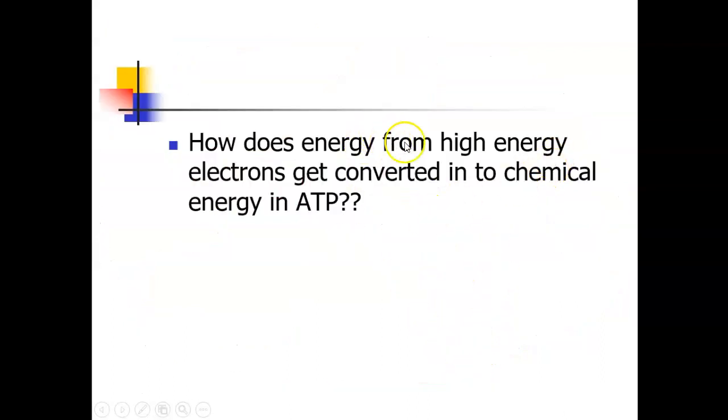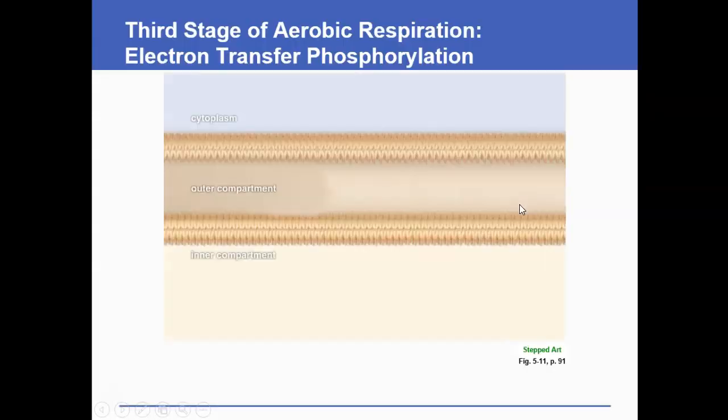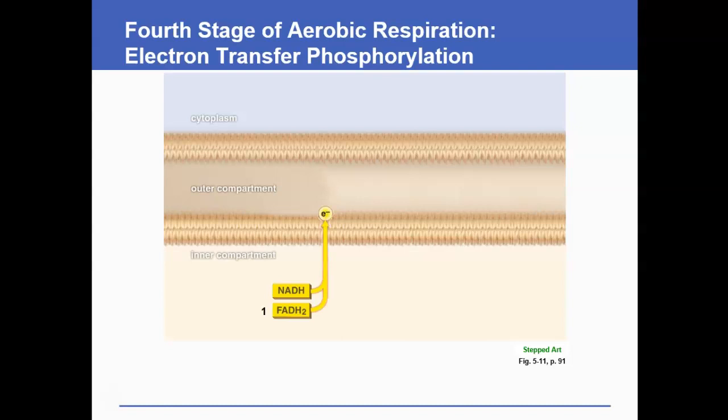So how does the energy from high energy electrons get converted into that chemical energy in ATP? That's the fourth stage of aerobic respiration. So this is the electron transfer chain and the electron transfer phosphorylation, where we have those high energy carriers that are depositing their electrons. They get shuttled in a series of redox reactions until that electron finally needs a place to go. Where does it go?